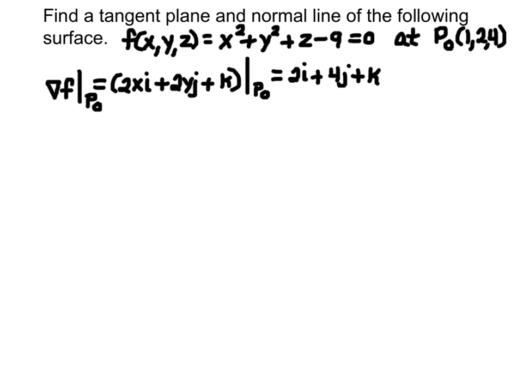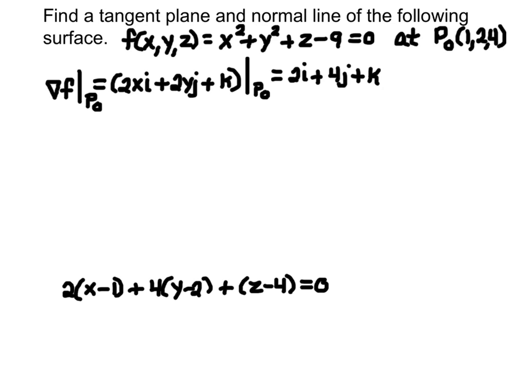This means that the tangent plane is 2 times (x minus 1) plus 4 times (y minus 2) plus 1 times (z minus 4), and this is all set equal to 0.